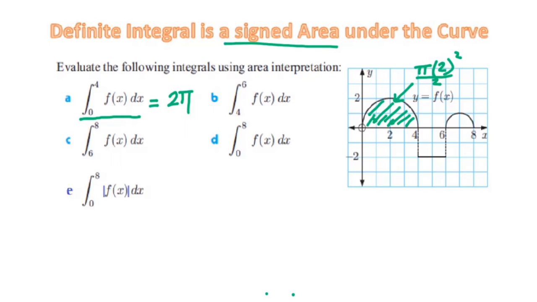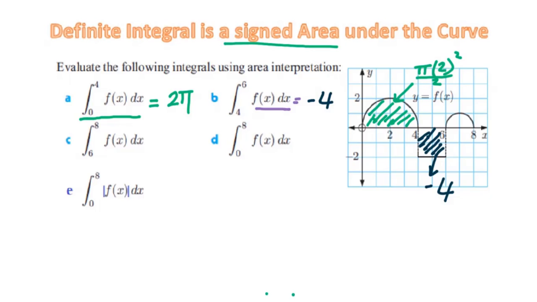For integral from 4 to 6 of f of x dx, 4 to 6 is below x-axis, therefore it will be negative. That's negative 4.